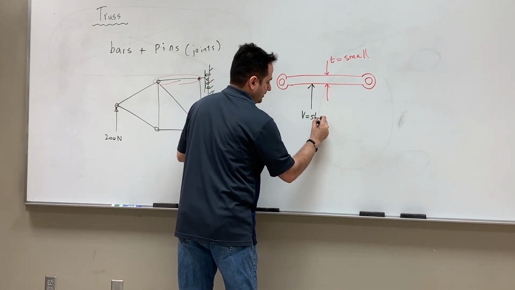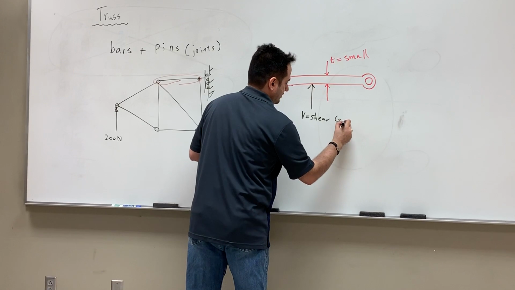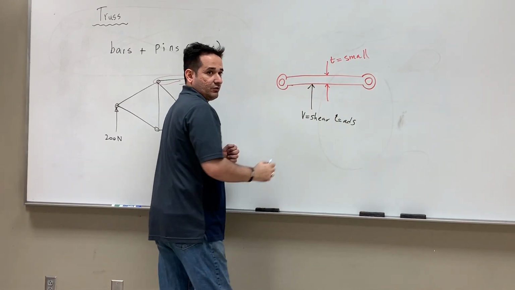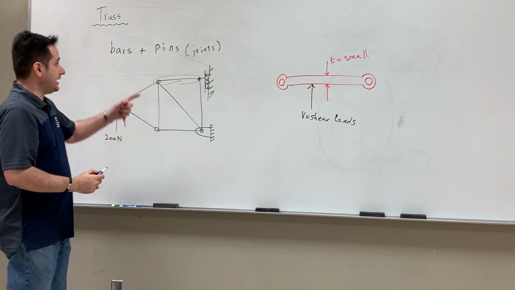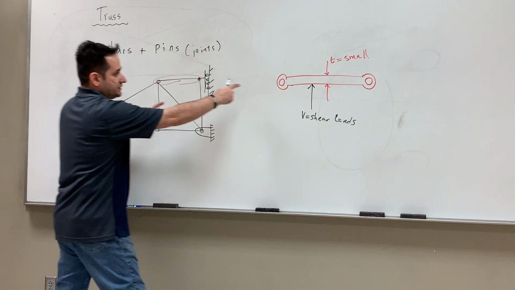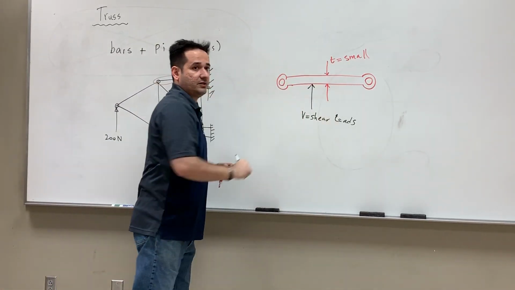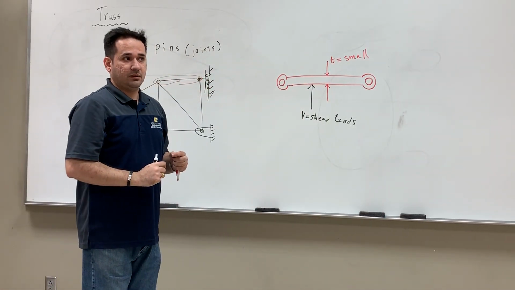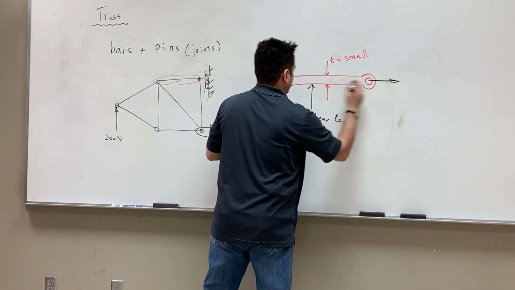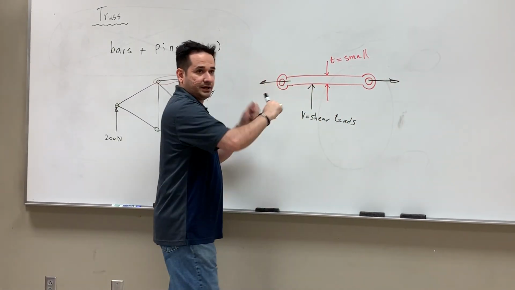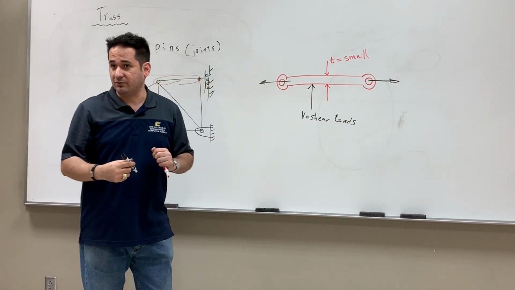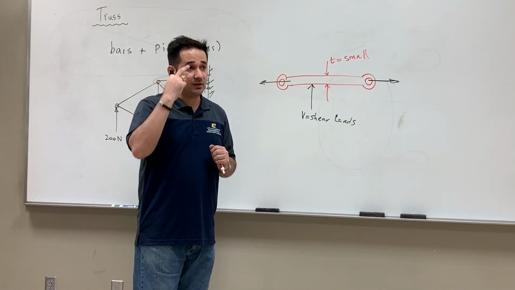If you apply a shear load like that, it's going to break according to the assumption we have for truss. So truss is composed of bars whose thickness is very small. So the load you put is either this way, tension, or the opposite direction, compression. So it's always axial. That makes the analysis much simpler.